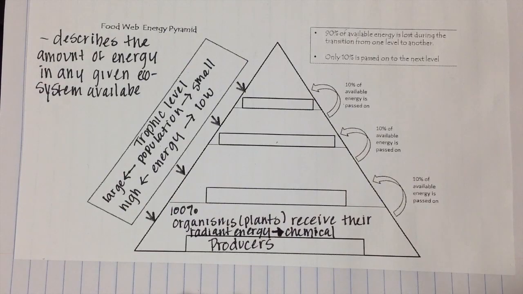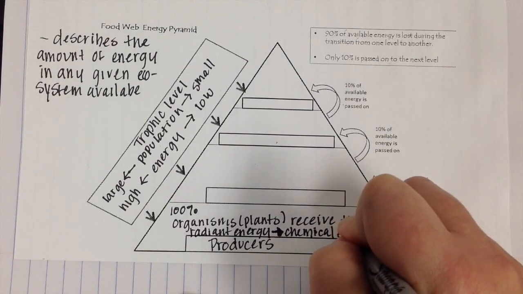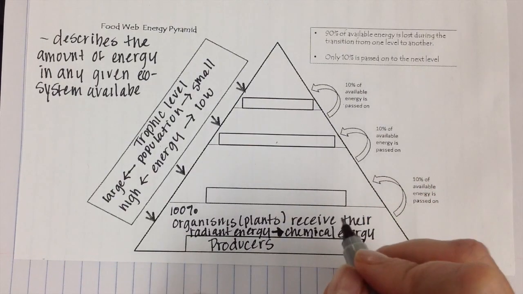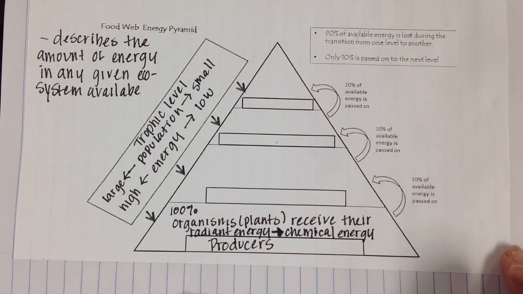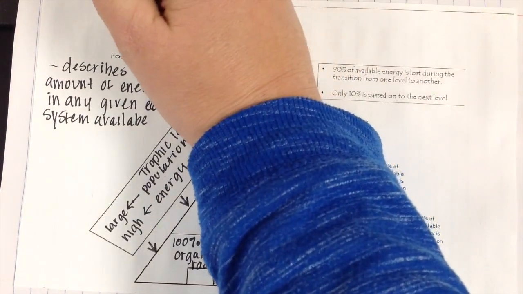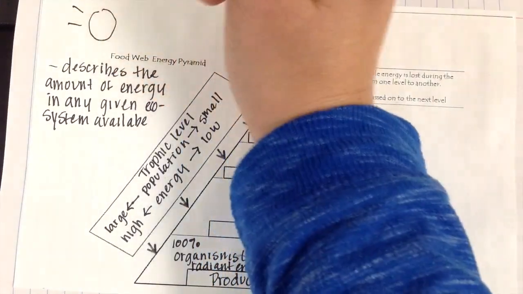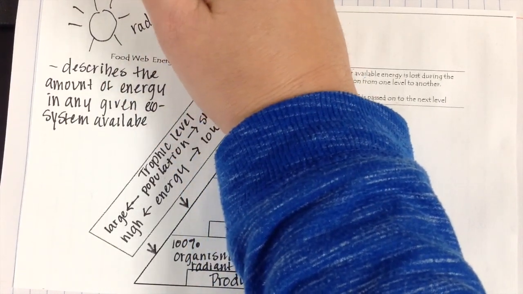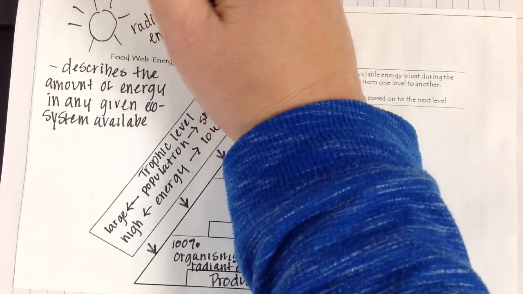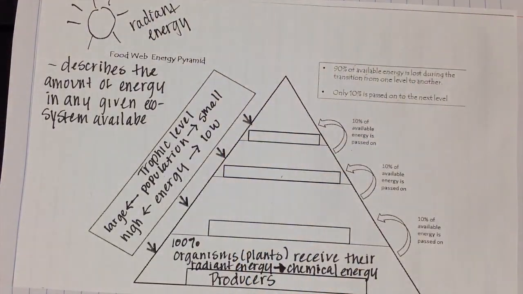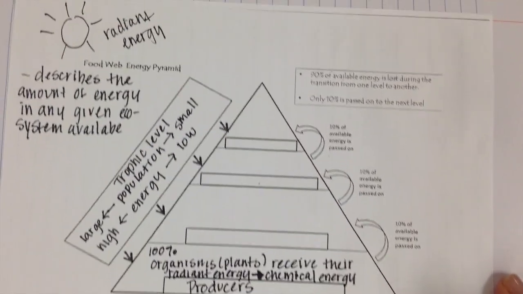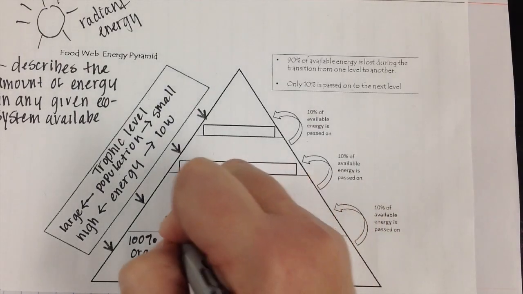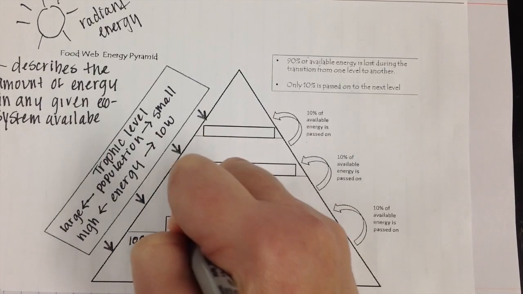Let's change that to an arrow. They transform it into chemical energy. And remember, we should include our sun in this picture. So let's put our sun up here. We can't forget about our sun. Remember, that's radiant energy. Remember, energy is not created or destroyed. It is only transformed.